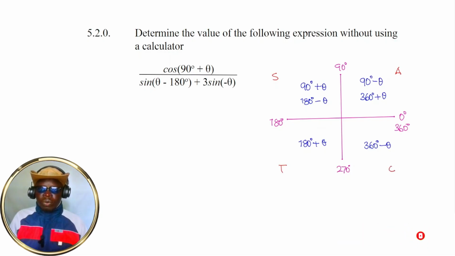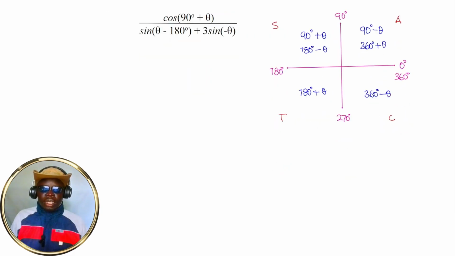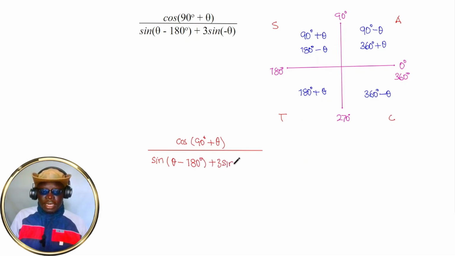We can start working out the solution by rewriting the equation again here, where we have cos of 90 degrees plus theta. We can divide this by sine of the angle theta minus 180 plus 3 times sine of negative theta.